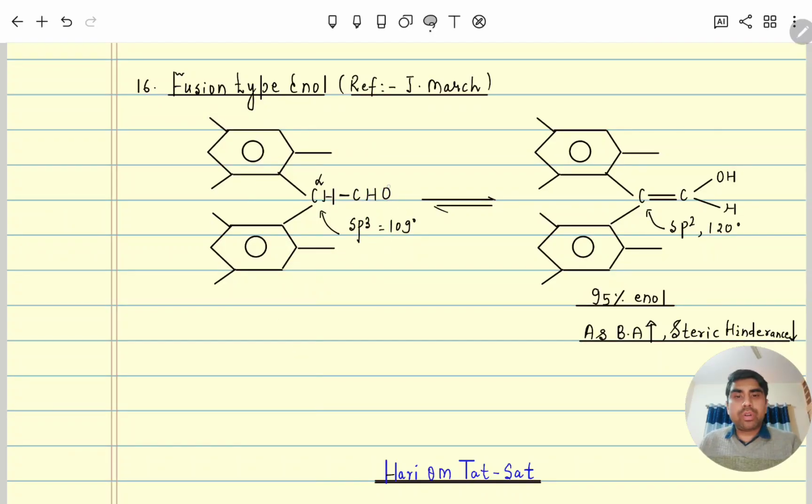But due to tautomerism, here you can see C double bond O, it became sp2, so the bond angle is 120, so as the angle increases, steric hindrance on this system decreases, hence the percentage of enol is more. So as bond angle increases here, steric hindrance decreases.